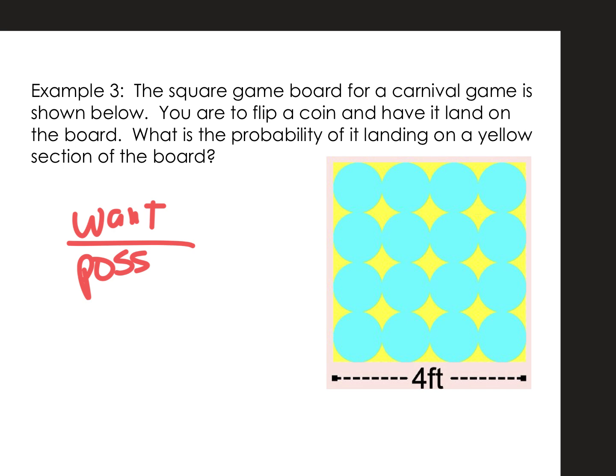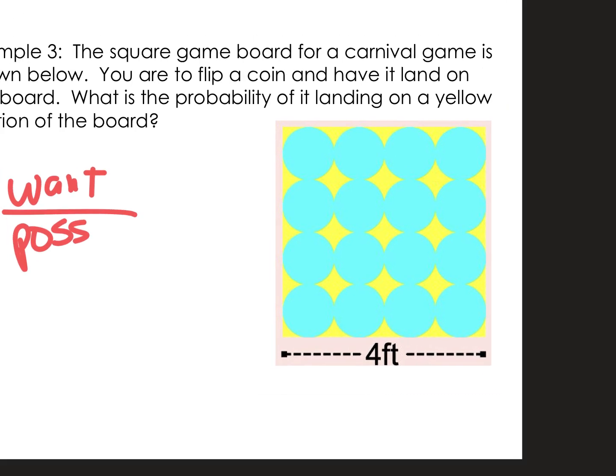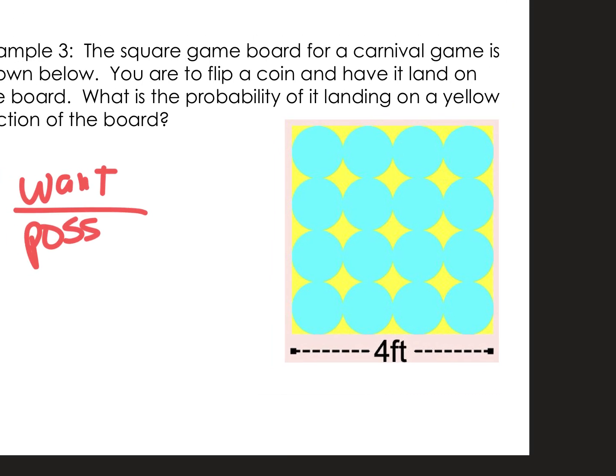How are you going to get the area of these weird little diamond shapes? Don't think of it that way. How are you going to get the yellow area? Talk to the kid next to you about how you are going to get the yellow shaded area.